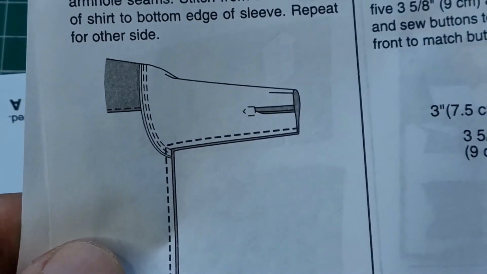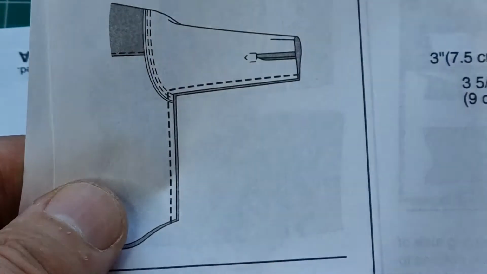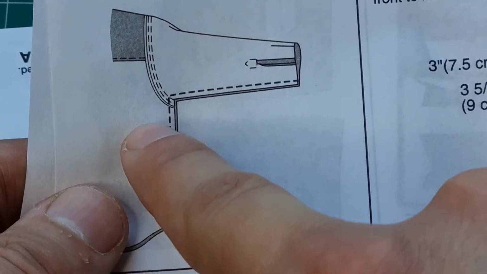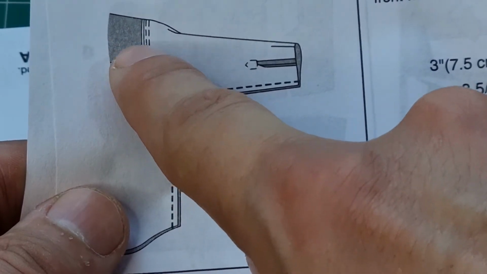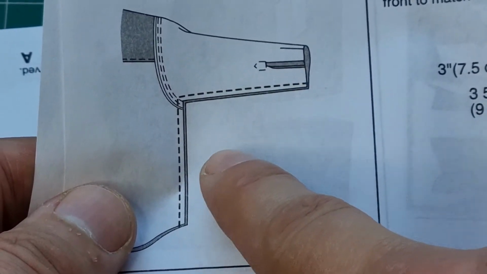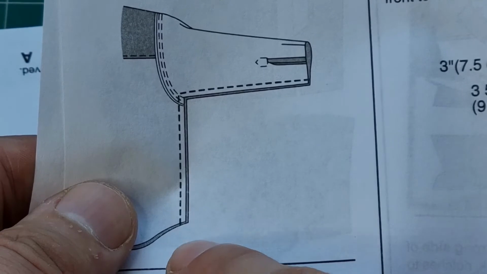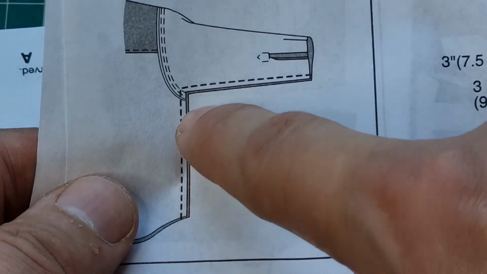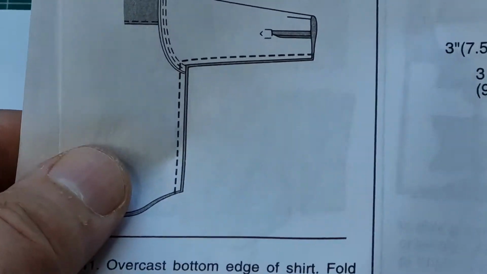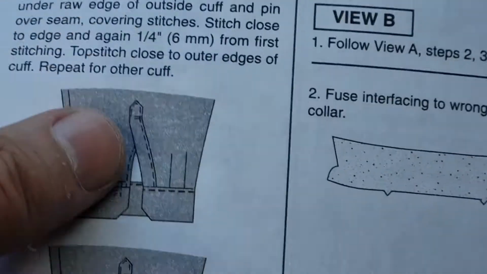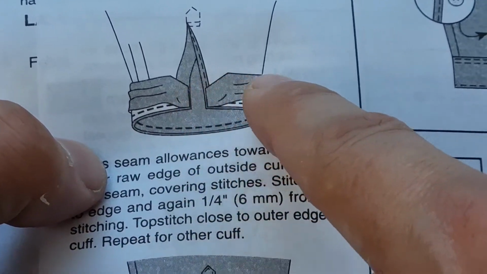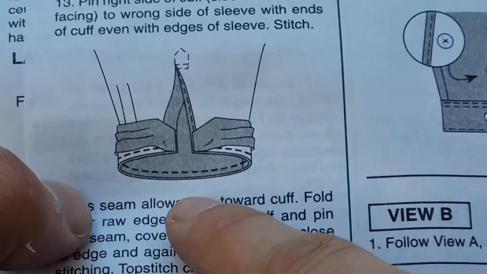If I couldn't work out what this was saying, it shows me here that these are the wrong side because it's white, but that is the right side because it's grey. So that's the yoke on the back of the shirt, and I pin the right sides together and then stitch from the hem up, turn the corner and then across here. This is the same on all of these pieces. It shows you with a dotted line where you are stitching. So that's a very good tip.